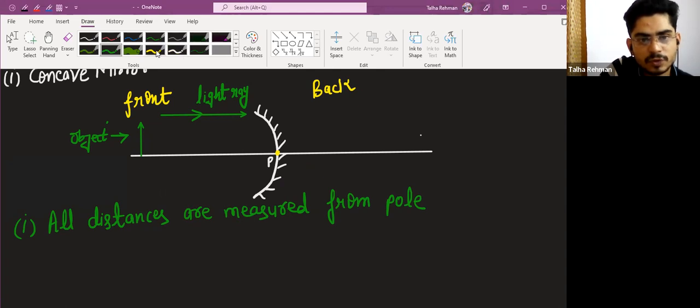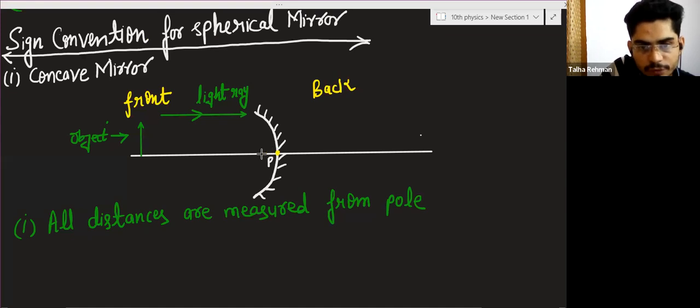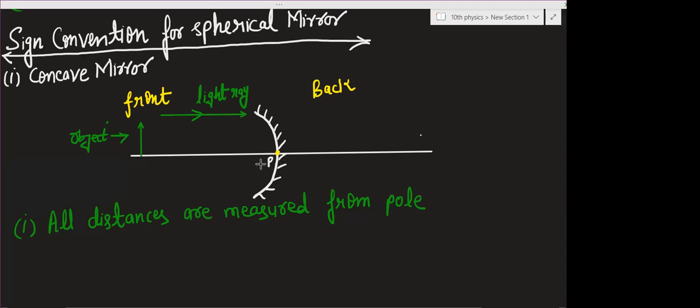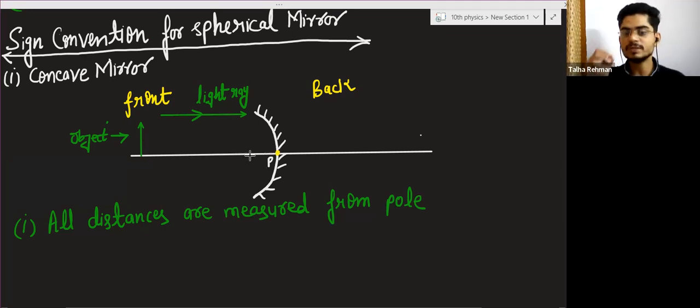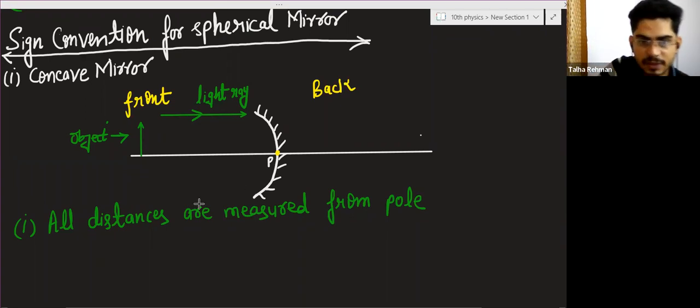If you want to measure the distance between the object and the mirror, you go from the pole to the object.